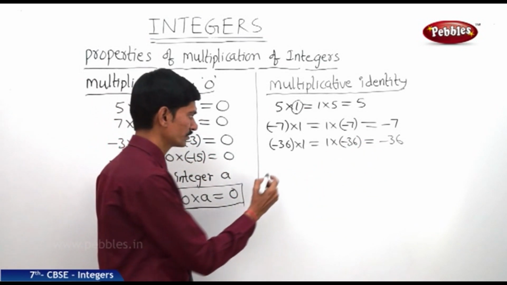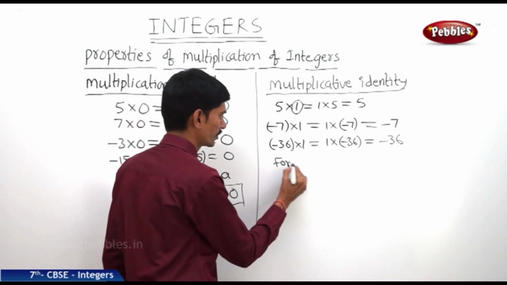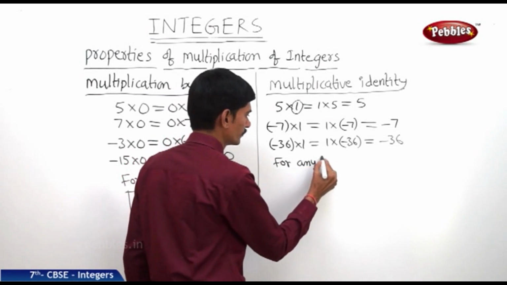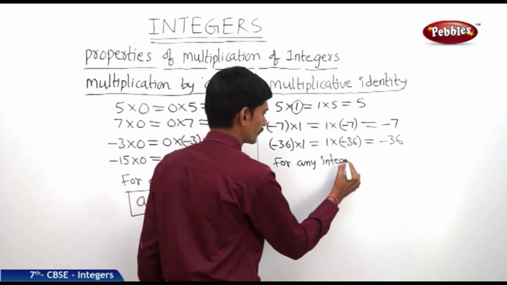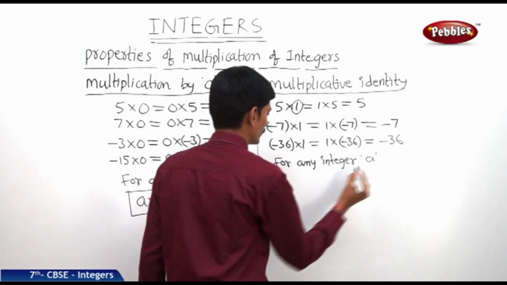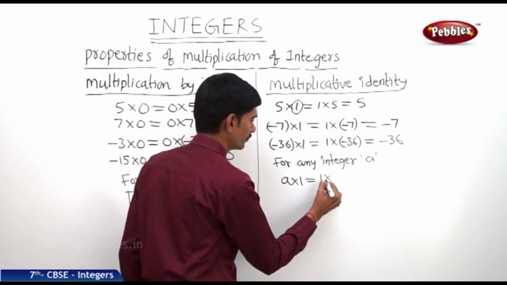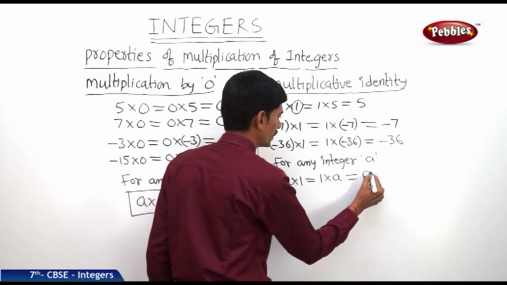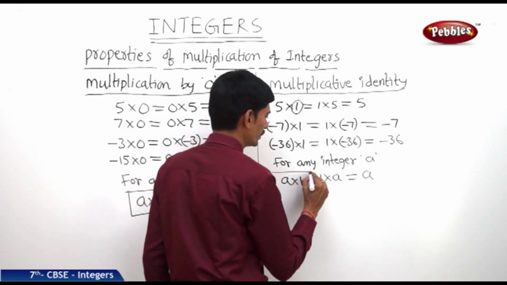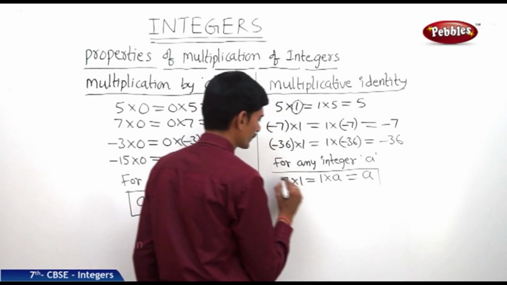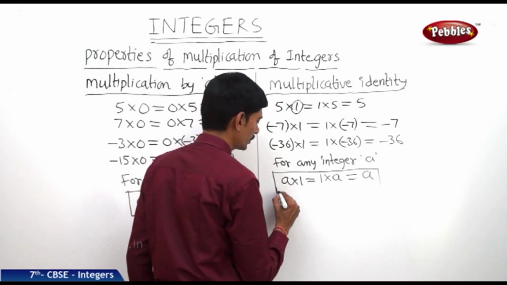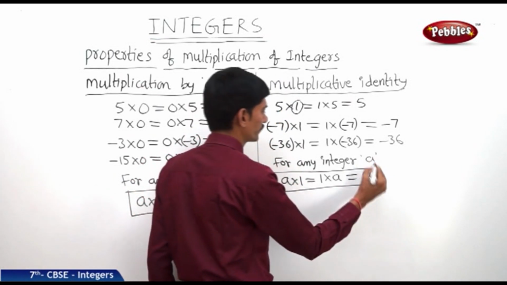So if we generalize this, then for any integer a, a into 1 equals 1 into a equals a. So when any integer a is multiplied by 1, then you will get the product also the same integer a itself.